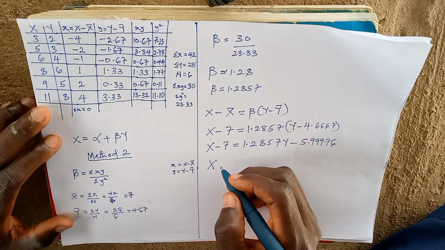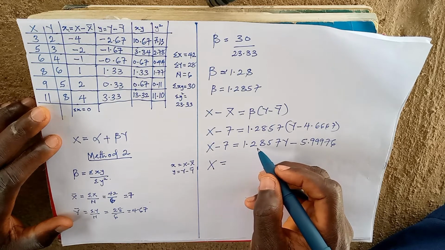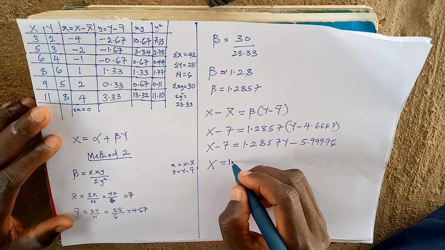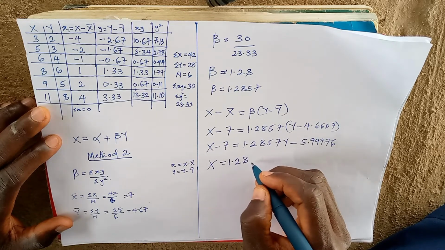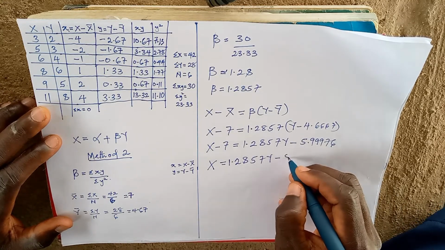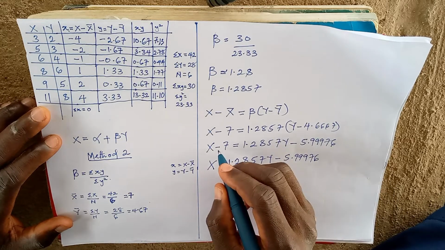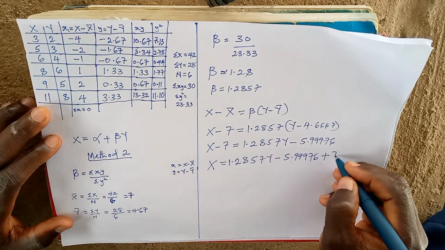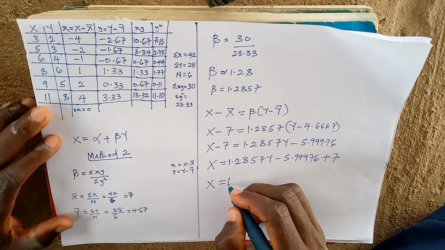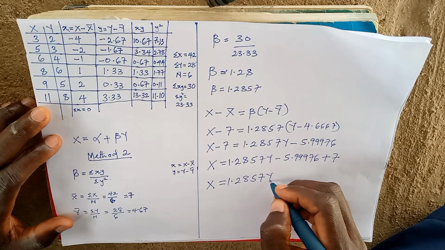Therefore our X will be equal to 1.2857Y minus 5.99976. By the time we move this to the side, we have plus 7, and therefore we're going to have X equals 1.2857Y plus, when we subtract this multiplied by this from this, maybe 1.000.